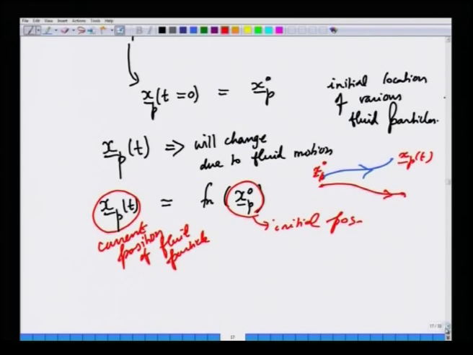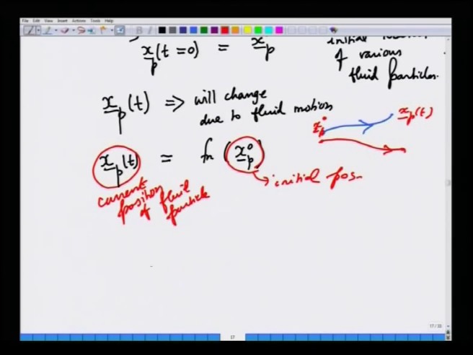Now, if I know this functional form, sometimes people just write this as x_p of t is x_p of x_p0 and time, that is, the function itself is denoted by the same symbol.